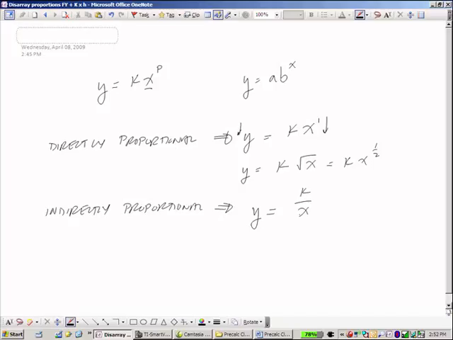Maybe in science class, do you ever do an inverse proportional sort of fit in chemistry or physics? Physics, yeah. Like when the frequency goes up, the wavelength goes down. Wasn't that our last lab? Yeah. All right, good. So y equals k over x, we call that indirectly or inversely proportional.